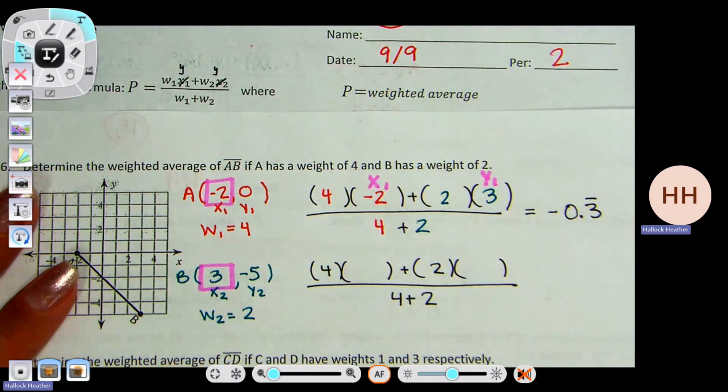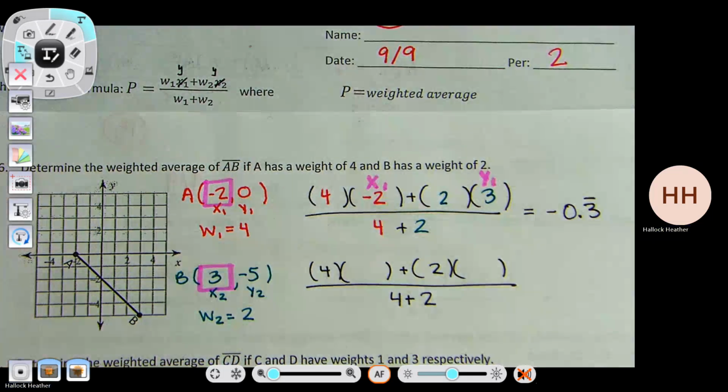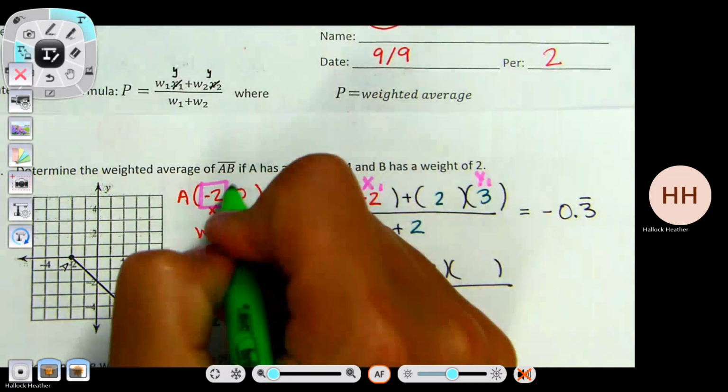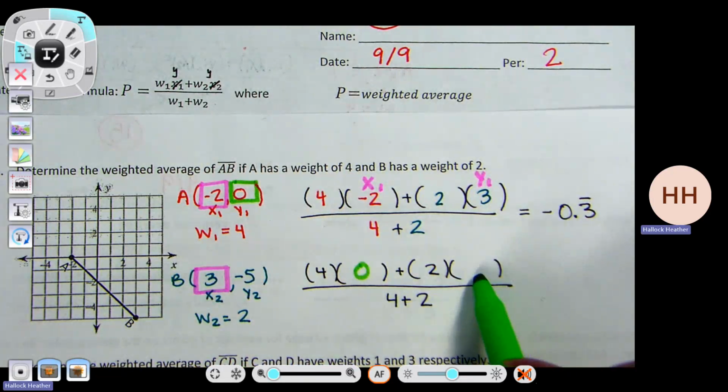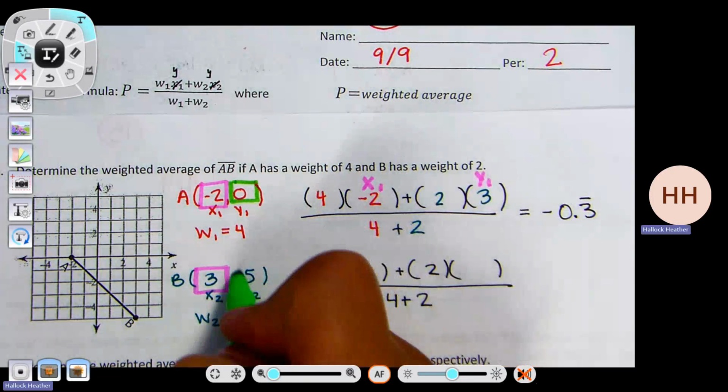The only part that's actually changing is instead of X1 and X2, I'm using Y1 and Y2. So what is my Y1? Y1 is 0. How much is Y2? Negative 5.